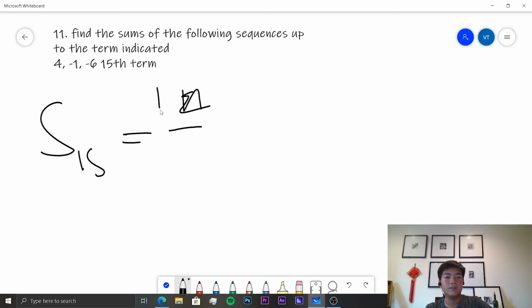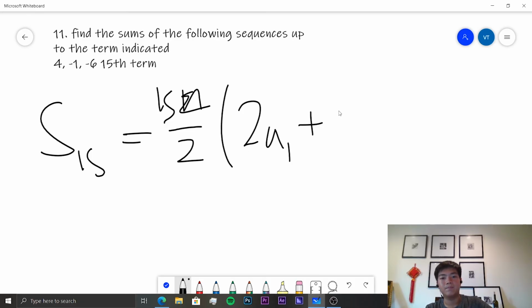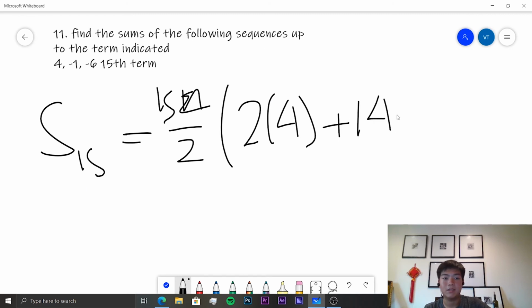So the sum to the 15th term is 15 over 2 times 2u1 plus n minus 1 d. And in this case, the first term, u1, is equal to 4, so 2 times 4, plus n minus 1, 14 times the common difference in this case being -5.